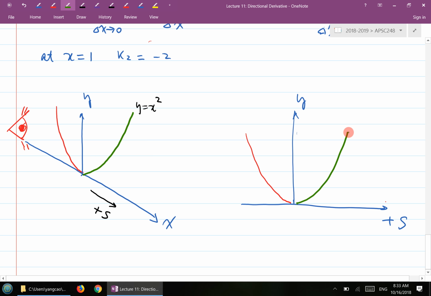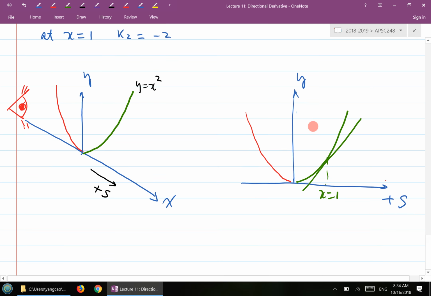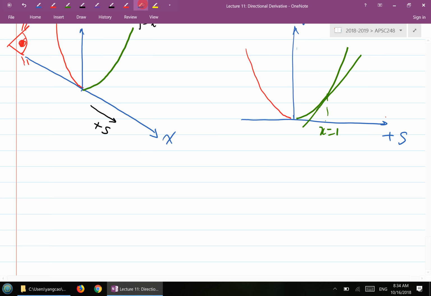That's how you see it when you're looking from this perspective. If I go along the positive s, positive displacement direction, I get essentially a positive slope. I get an increase in that function at x equal to 1, which is exactly what we're expecting here. And now let's look at the other scenario.